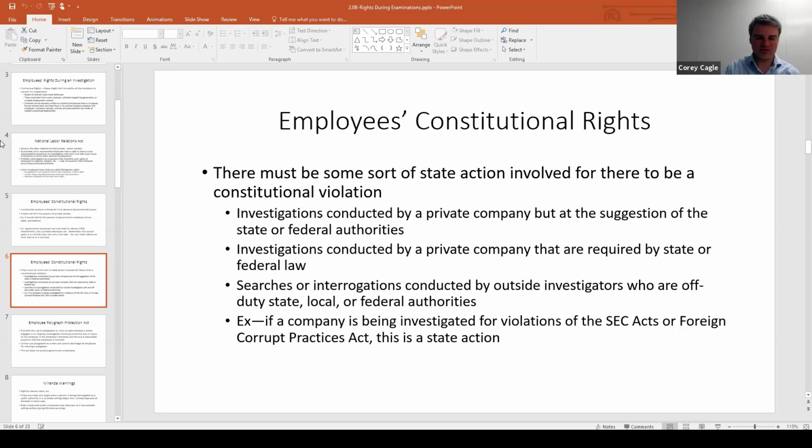That triggers a constitutional area. An example would be if a company is being investigated for violation of SEC acts or Foreign Corrupt Practices Acts, that is automatically state action.